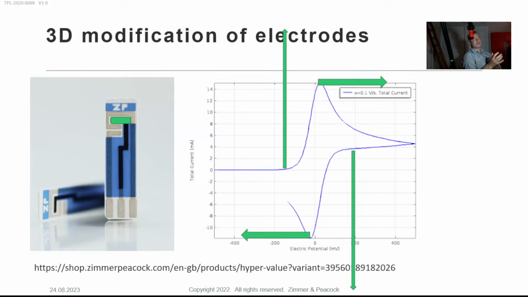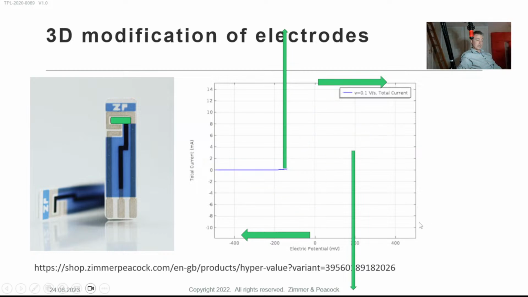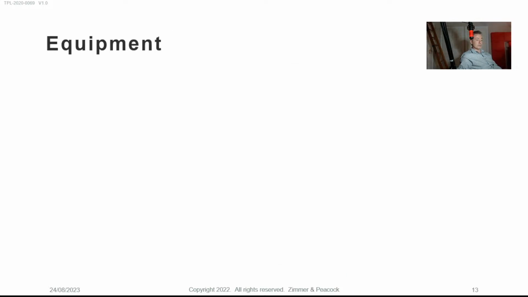Just the fact that you're 3D printing something that may be conductive will probably increase the surface area. So I suspect the signal will go up and the peaks might slightly shift due to IR drop. That's my prediction. Now, if your polymer is not highly conductive, then maybe the signal will actually shrink down. But that would be the start of a validation of those new materials.